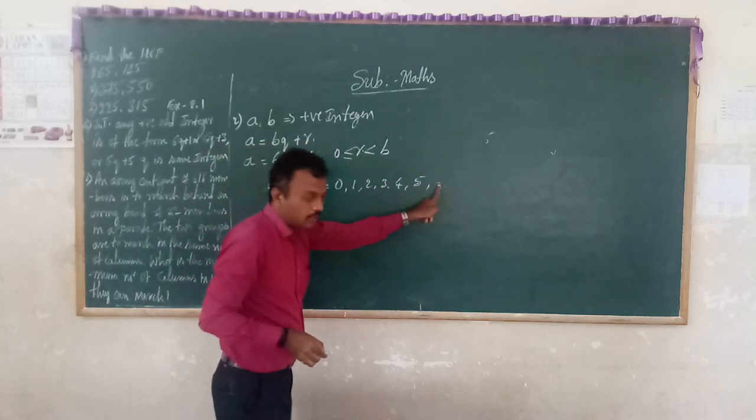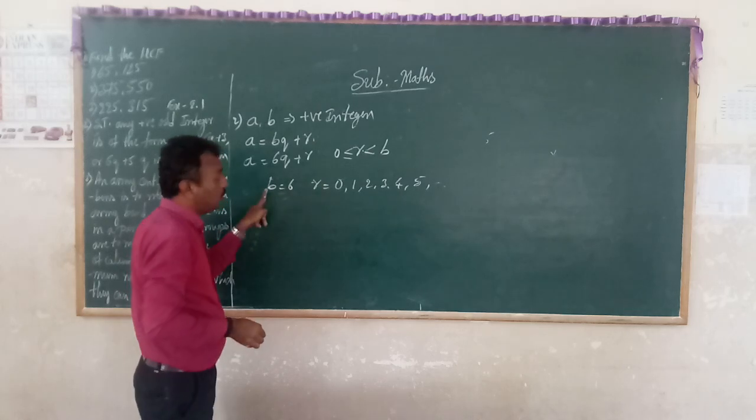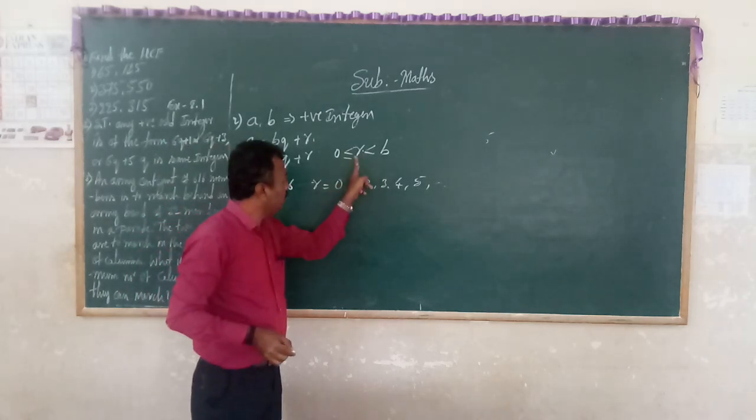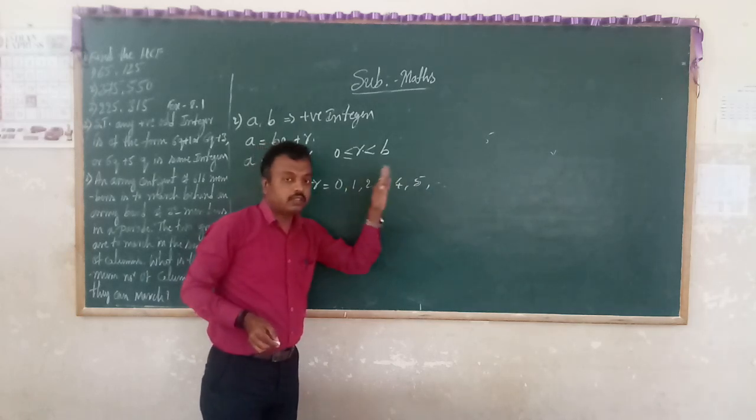We cannot take 6 because r is not equal to b. r is less than b. So therefore we should take only 0 to 5 as the remainder.